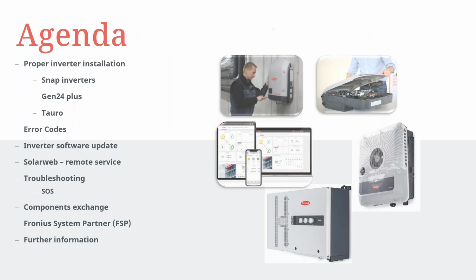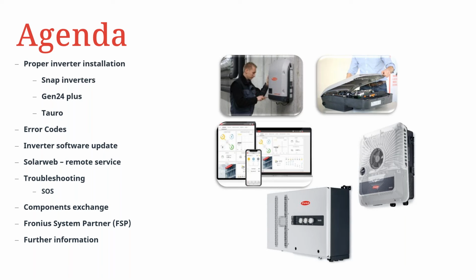Let's now quickly have a look at the agenda. We shall go through quick, proper inverter installations for the Snap inverters, Gen 24, Gen 24 Plus, and the Tauro. We shall go through error codes and how we can get by them, inverter software update, and how we can carry them out remotely via SolarWeb.